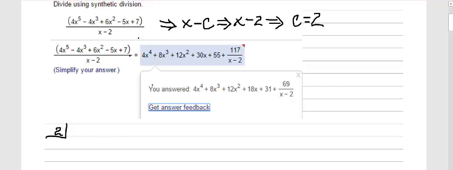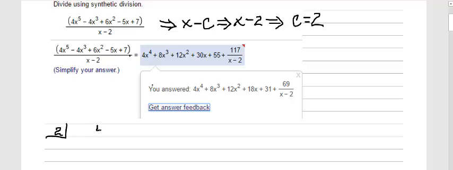Now we need to put the coefficients of the numerator. In long division, this would be called the dividend, beside this setup that I've placed the c in, the 2.